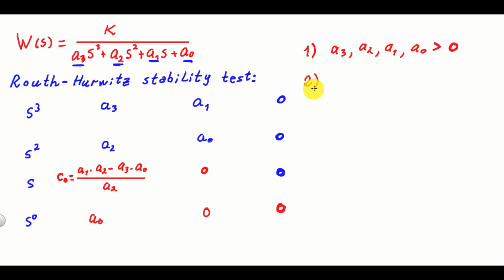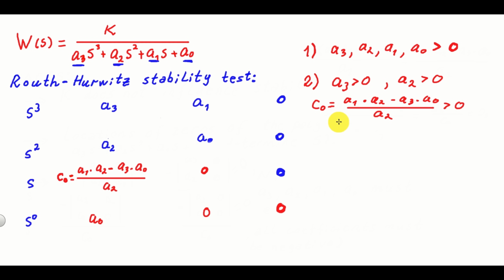Okay, we keep in mind this, and we assume that this is the case. And the second condition follows from the Routh-Hurwitz stability test. It states that A3 should be positive, A2 should be positive, then this coefficient C0 should be positive. Let's write it down here. This is A1 multiplying A2 minus A3 multiplying A0 divided by A2 should be positive, and finally A0 should be positive.